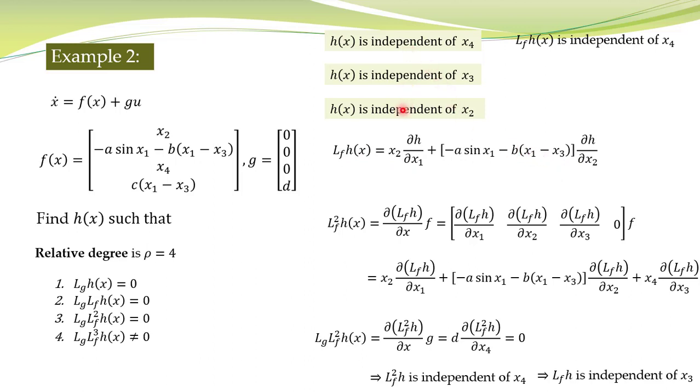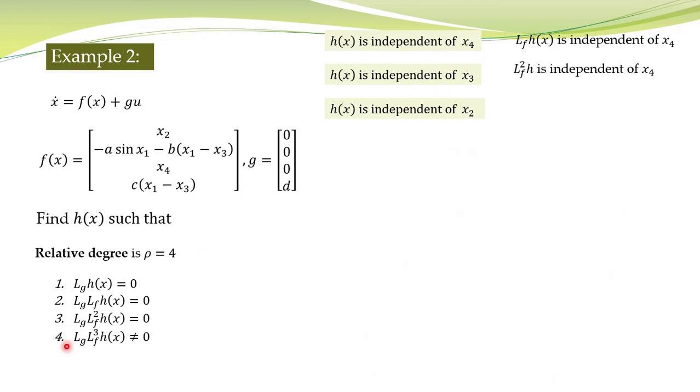So these are a few guidelines from here, and we also see the guideline from the last statement. And for that purpose we have written again the second Lie derivative of h along f of x, that is given over here. We have again omitted the last term because we know that this L_f squared h of x is independent of x4.